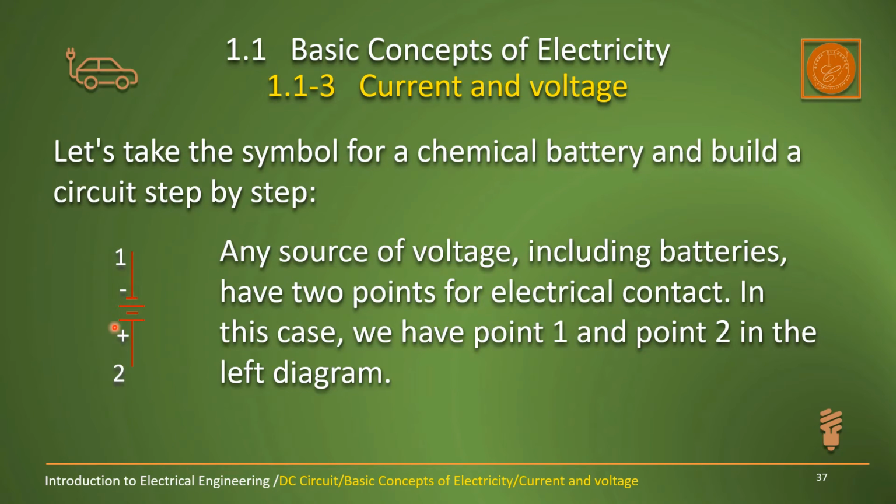And these horizontal lines of varying lengths indicate that there is a battery. You see they have the horizontal lines, longer, shorter, longer, shorter. And they indicate the direction in which this battery's voltage will try to push electrons through a circuit.